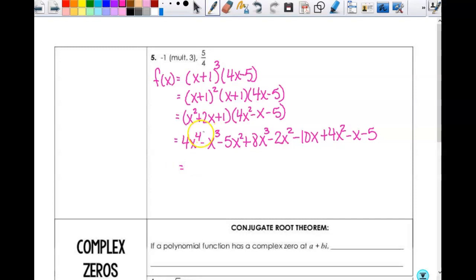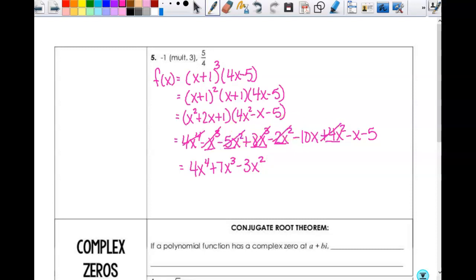x to the 4th, I've only got one of those, so this is 4x to the 4th. Cubed, I've got this one. There's only two of them, so that's going to be plus 7x cubed. Got those taken care of. My squareds, I have 1, 2, 3 squared terms, so this is going to give me negative 7x squared plus 4 is going to give me negative 3x squared.